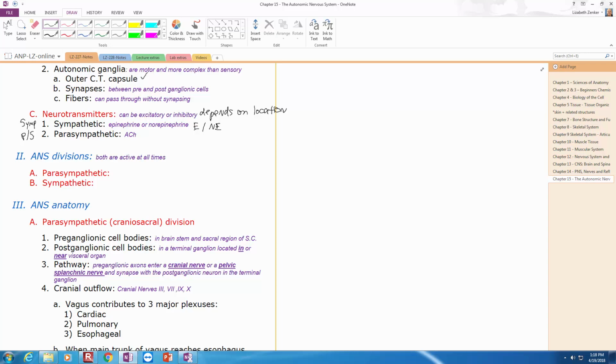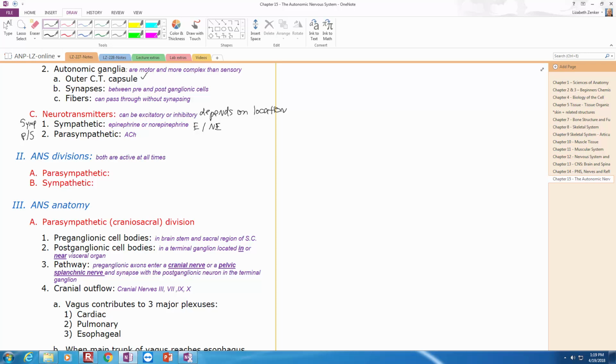Do you guys need to be producing urine when you need to run away from the bear? Do you need to digest your food when you need to hide from the bear that's trying to eat you? Do you need to produce urine or have a slower heart rate or digest your food if you are chasing that bear because you want to make it your meal today? No. So that is the difference between sympathetic and parasympathetic, okay?